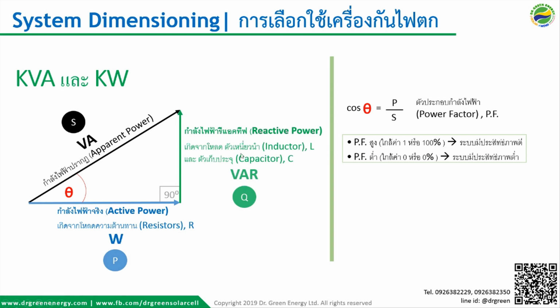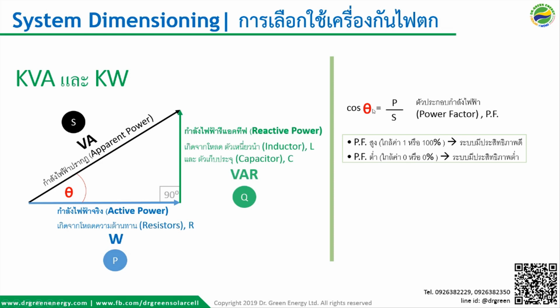So you can play around with the inductor and the capacitor to improve the power factor. We will discuss the details later, but in this discussion we will talk about the W or wattage, and also VA, and also the angle theta over here.